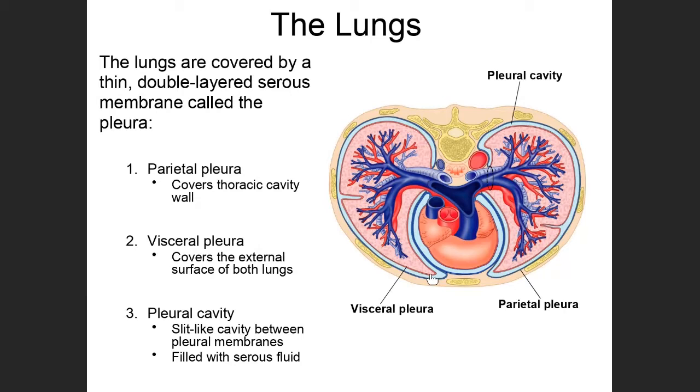The other thing that's important about the pleura, you can notice this if you look at the diagram, is that each of the lungs is compartmentalized into its own separate pleura. So the pleura isn't continuous between the lungs, and this is really important for helping the lungs to stay inflated, as you'll learn about in the activity that you're going to do this week.